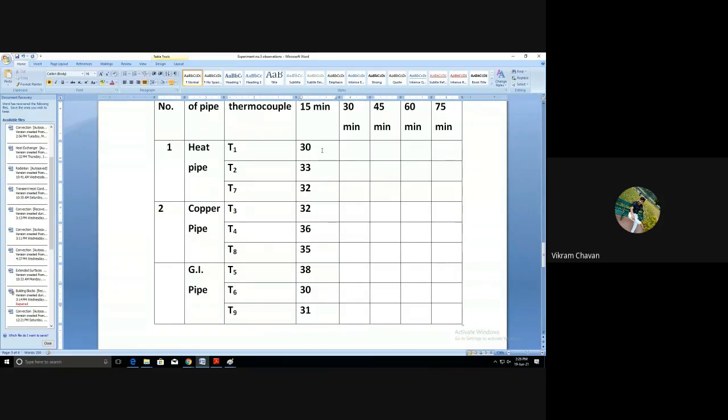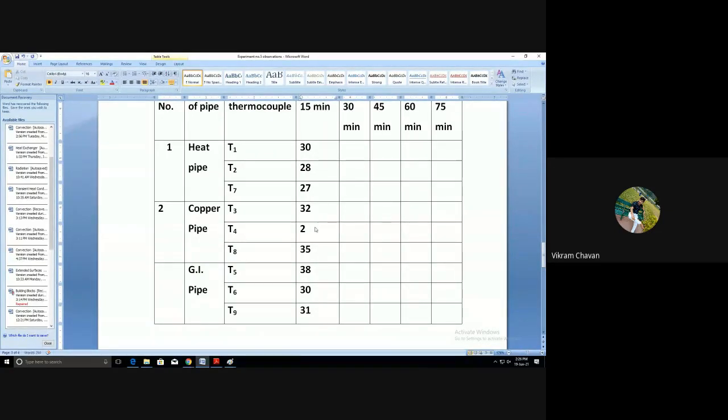Okay, let us say that at the bottom side of a heat pipe, or at the evaporative section, we are getting a 30 degrees Celsius temperature, but at the condenser side we get 30. Oh, okay, here I made a mistake. It is 28, less than the source side. 28, 27, 32.